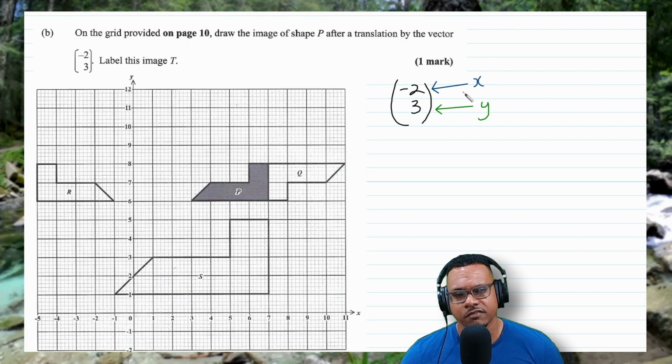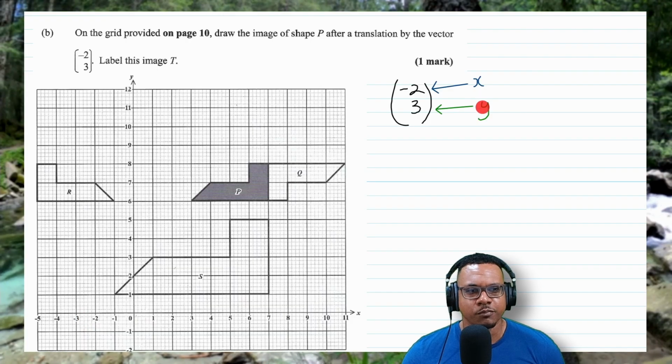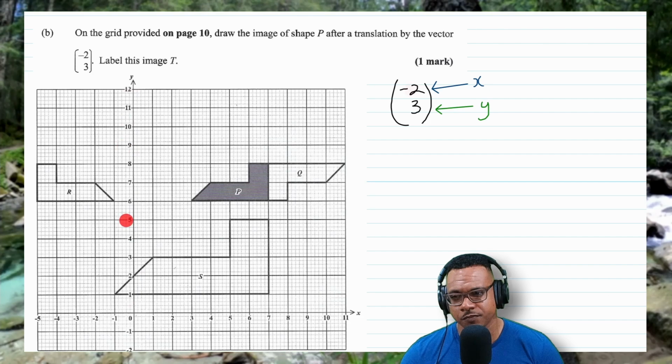Now the x component of the vector would control the horizontal distance, because the x-axis is a horizontal line, and the y component of the vector would control the vertical distance, and that's because the y-axis is a vertical line. Because the x component is -2, that will mean 2 spaces going to the left. Notice here negative numbers are on the left side of the Cartesian plane for your x-axis.